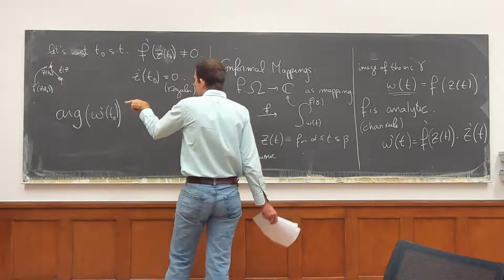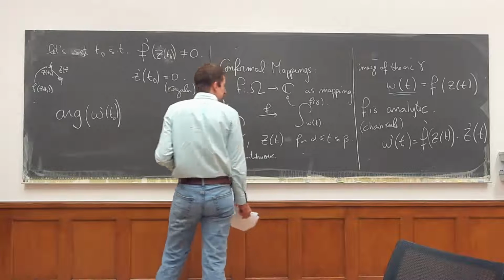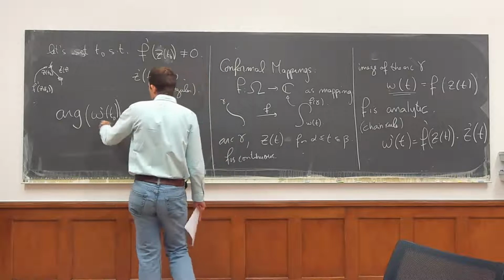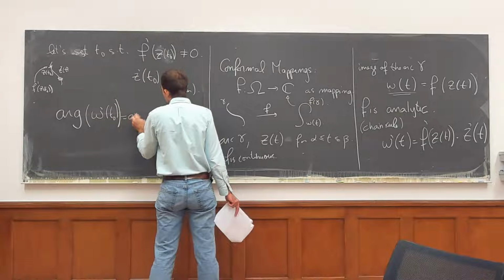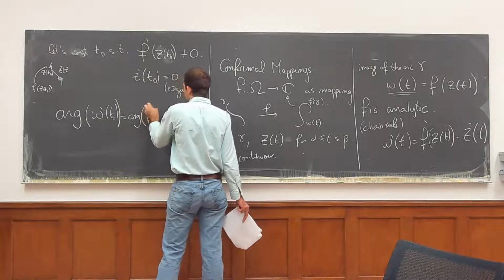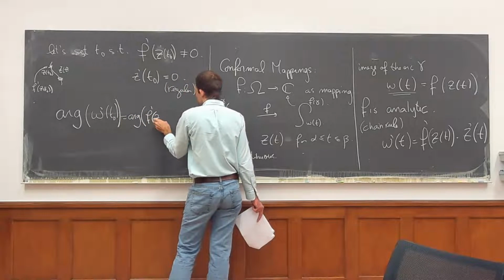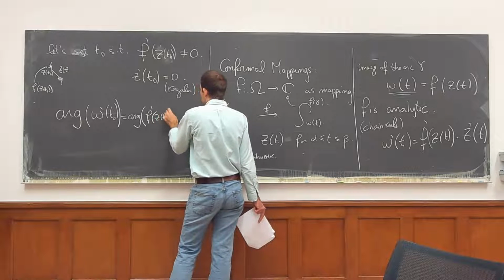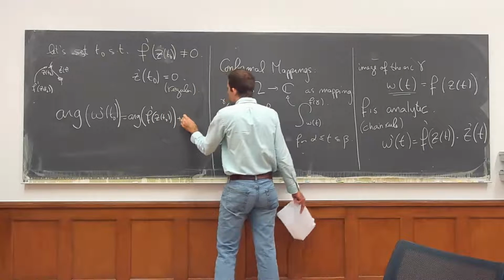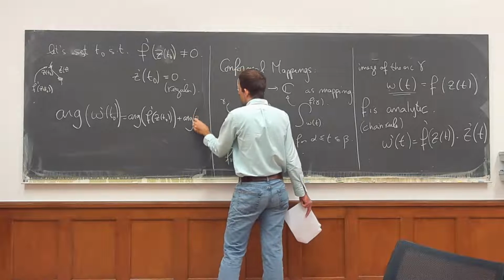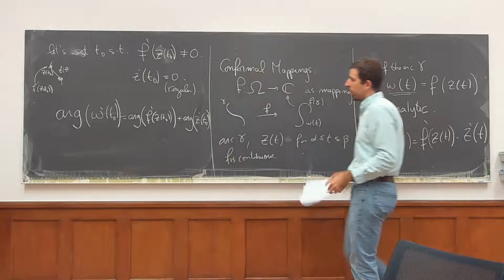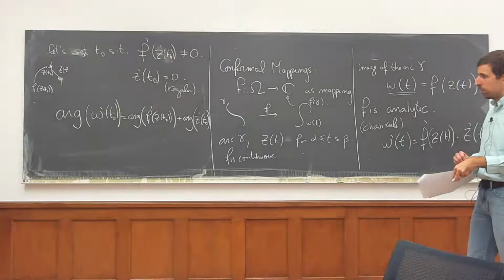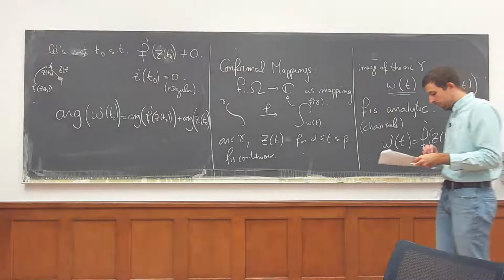Okay, so the argument of the derivative at the point t0 is equal to the argument of f prime at that point z of t0, plus the argument of z prime of t0.